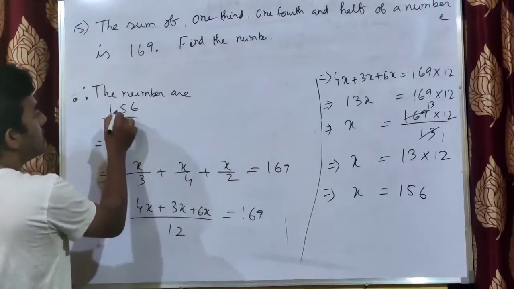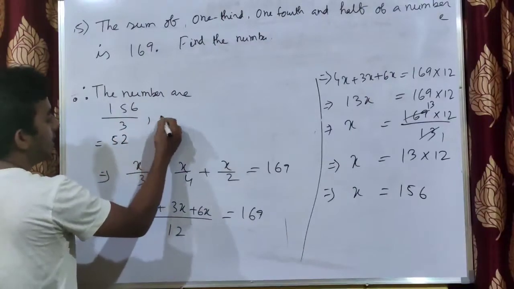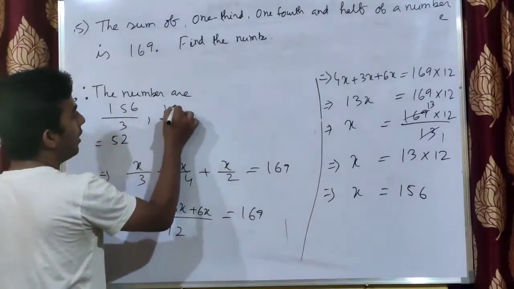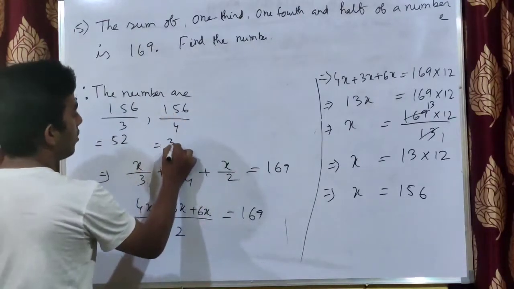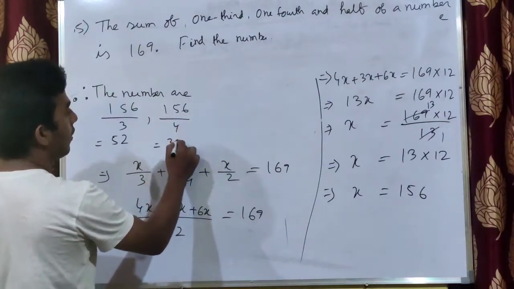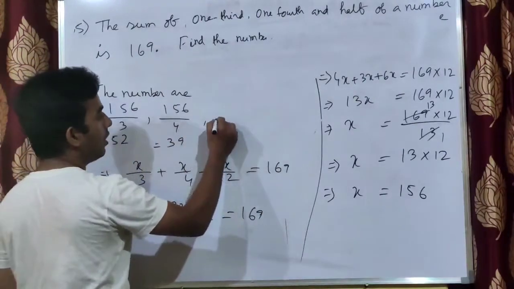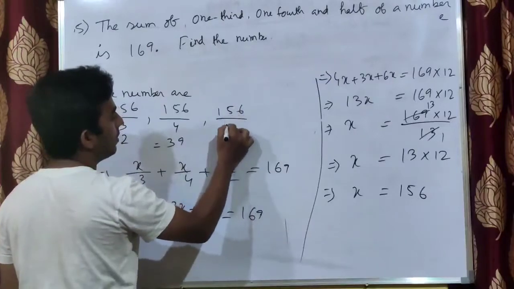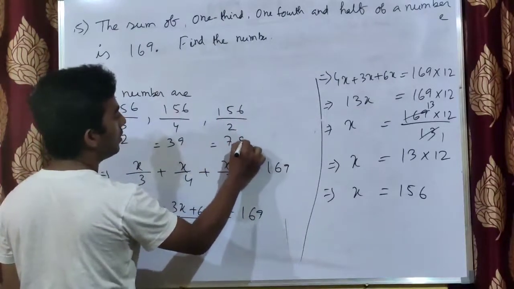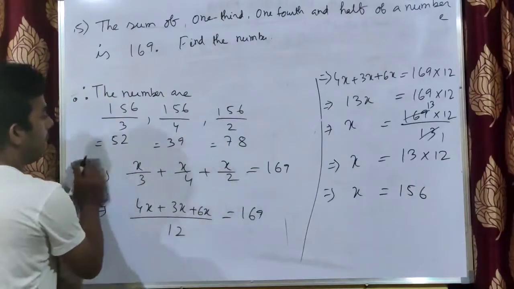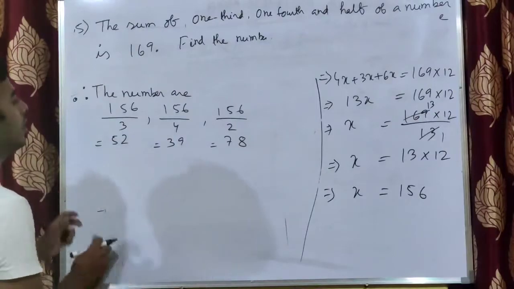Okay, look, 3 5s are 15, then 3 2s are 6, so 52. Another is 156 by 4. 4 3s are 12, then 4 9s are 36, so 39. Then another is 156 divided by 2, so 2 7s are 14, 1 6, 2 8s are 16, so 78. So our numbers are 52, 39 and 78.